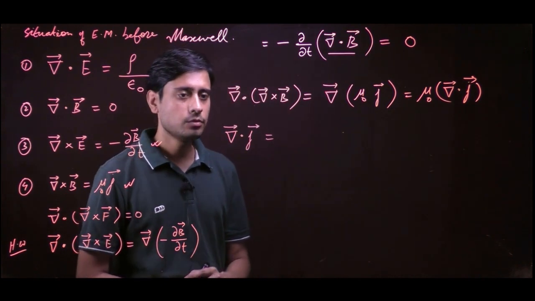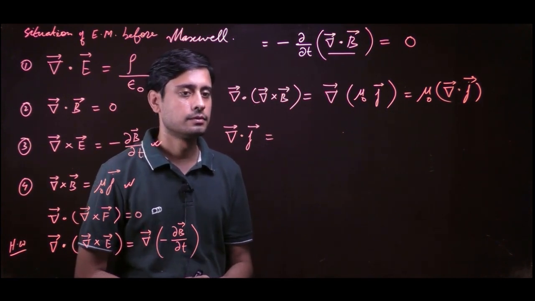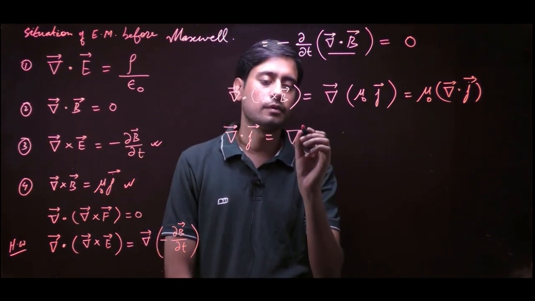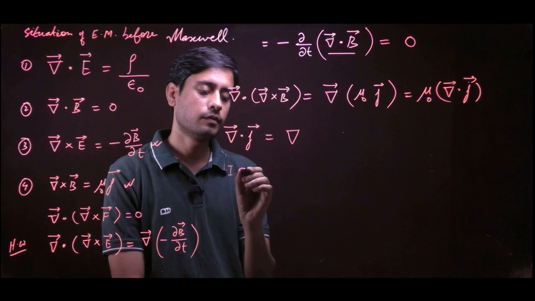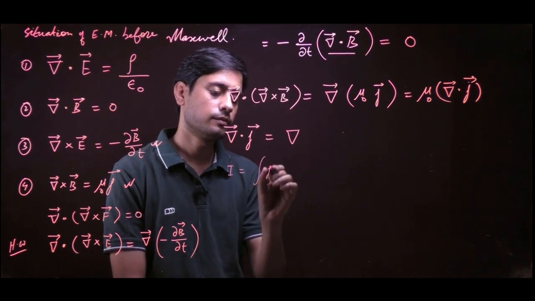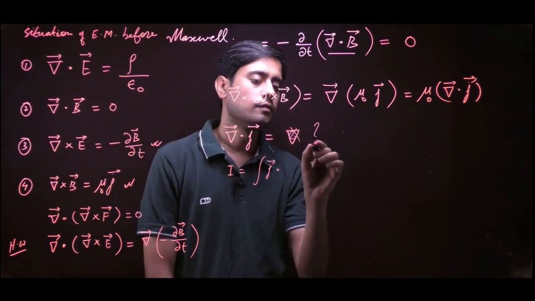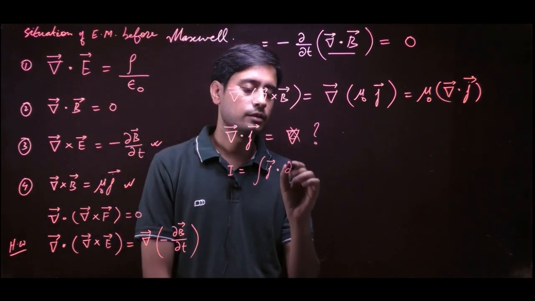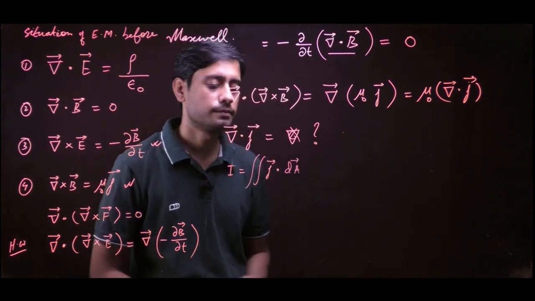To calculate this del dot J term, we need to write the definition of J. You know that current equals the integration of J dot dA over a surface.